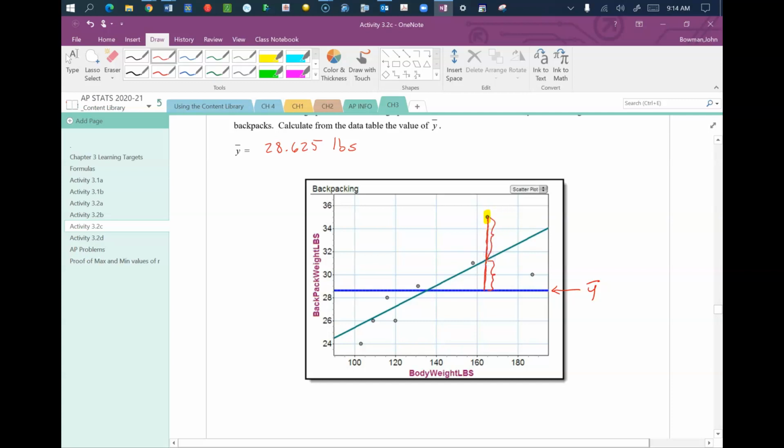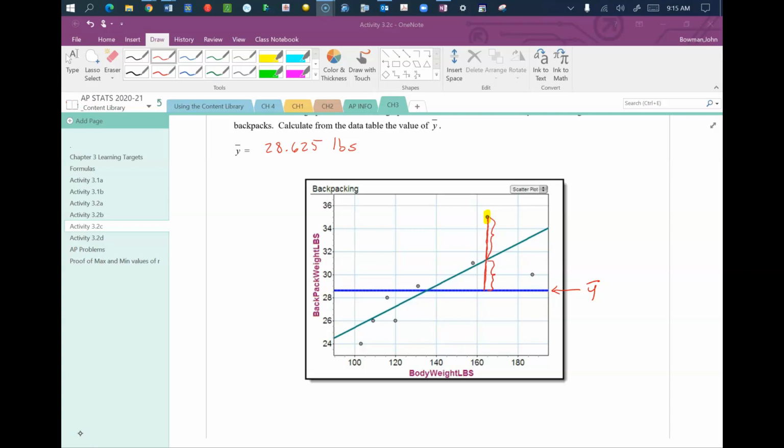So for this particular point, if I had to estimate, I would say that about 40% of the deviation from the average backpack weight can be predicted by the line of best fit, and the other 60% cannot.